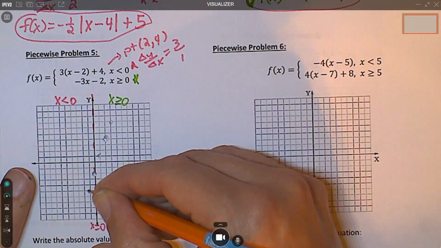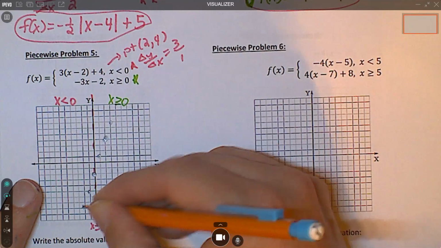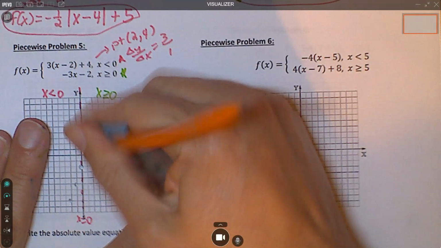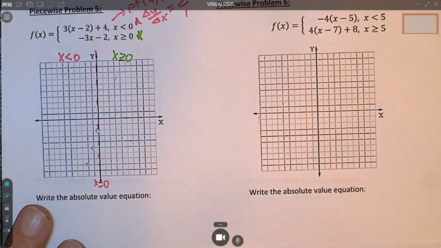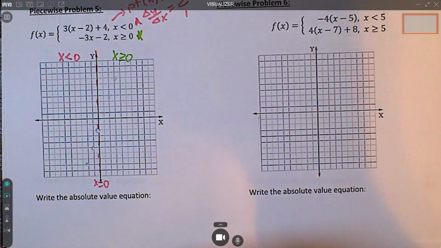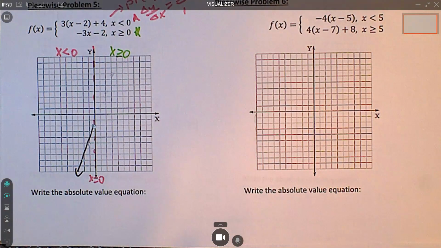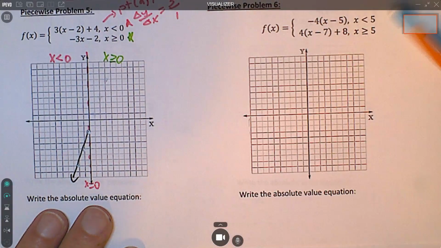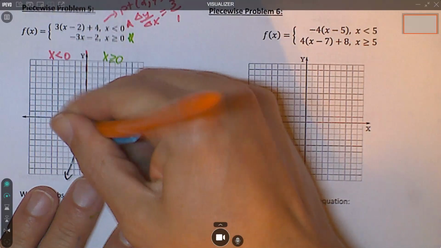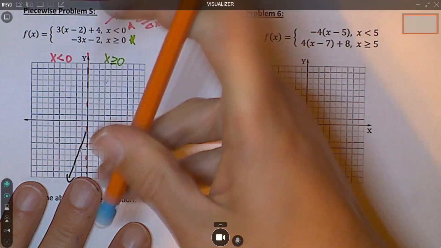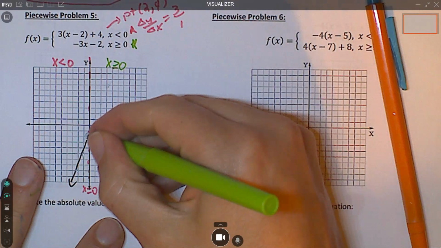Down 3, left 1. So then I'm going to erase those because the x has got to be less than 0. Okay, when the x's are greater than 0, that needed to be an open circle there. Okay, but now it's closing it. We start at -2.